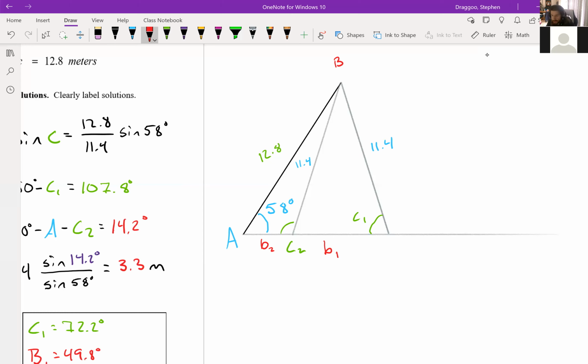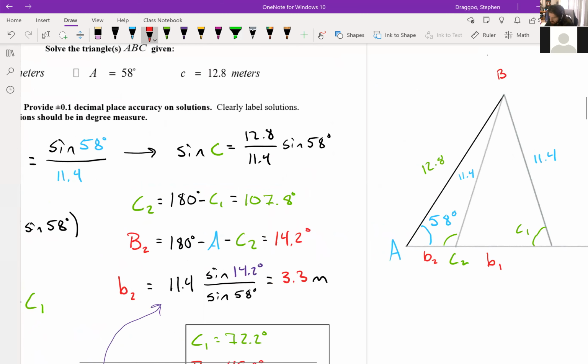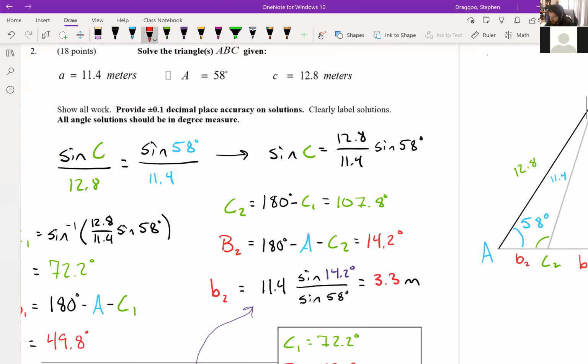And then the other question I'll ask for is that I'll tell you explicitly on another set of information that there are two triangles. And I'll simply ask you for the two possibilities for the first angle. So if this given information were on the exam, it would be two questions.